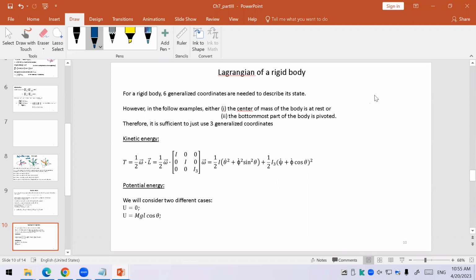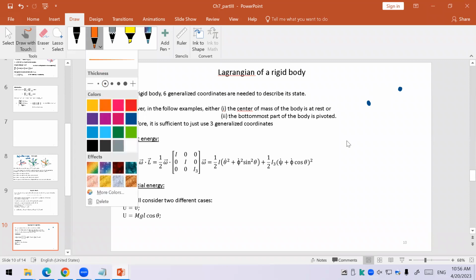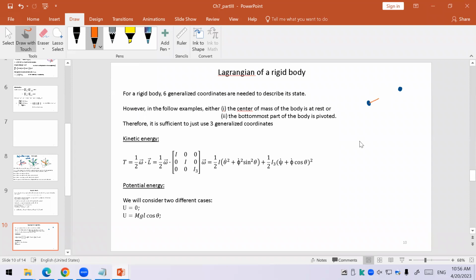So if you have one particle, how many generalized coordinates do you need? 3. Right. So now if you have a rigid body formed by 2 particles, how many generalized coordinates do you need? If you just have two particles, you should need 6, right? But because of the fact that this is a so-called rigid body, that means that this distance is fixed.